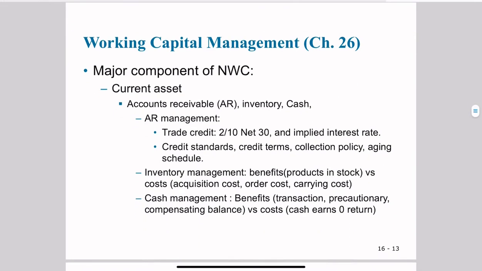So obviously, if you want to consider how to efficiently manage working capital, then you have to think about accounts receivable management, inventory management, and cash management. So this section is basically about all kinds of basic concepts. So it's not a hard chapter.